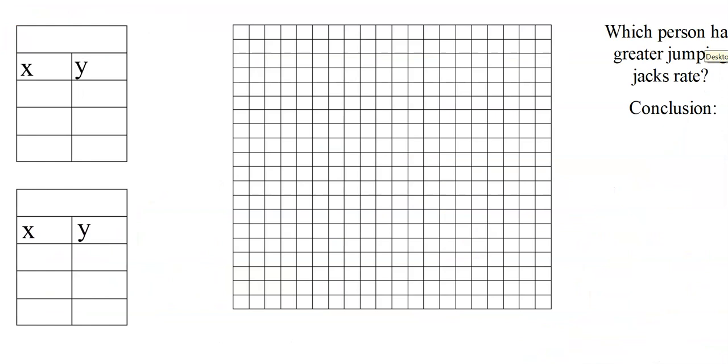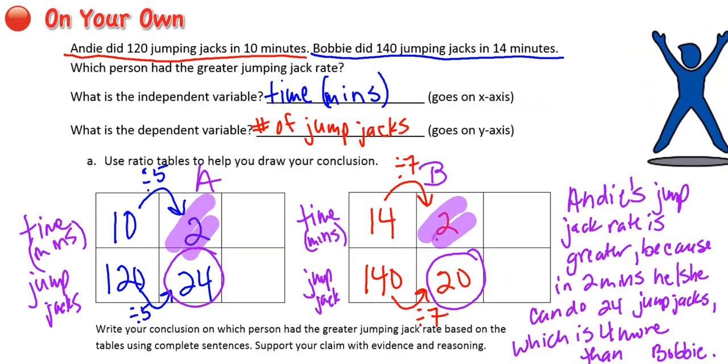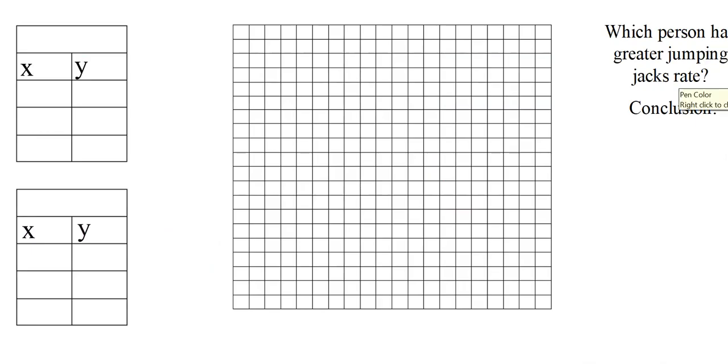All right, and now this is again where I'm going to get you to practice some graphing. Let's see again what colors I used. Okay, so Andy is blue and Bobby is red. So Andy is blue, so this is going to be Andy.